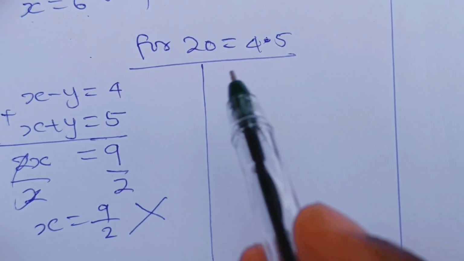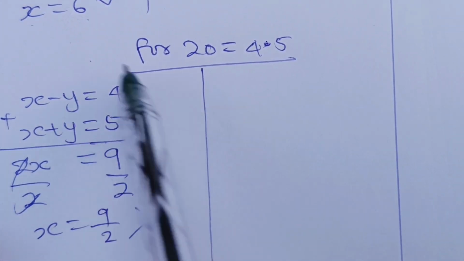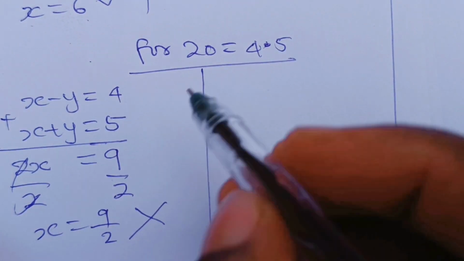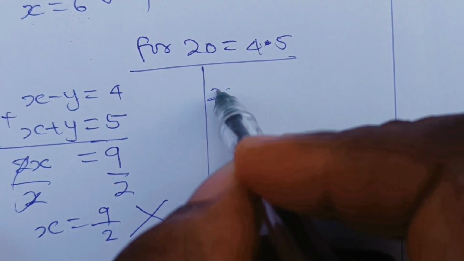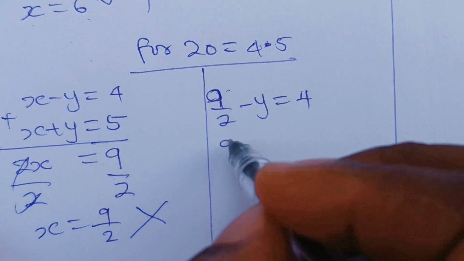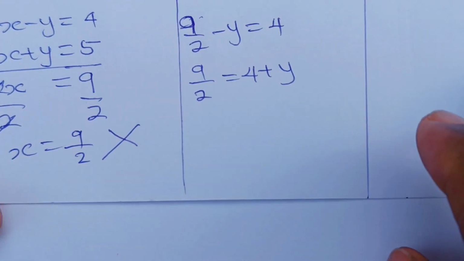Okay, now if our x is 9 over 2, let's substitute it into any of these equations to see if our y is going to be a natural number. So we have x, which is 9 over 2, minus y is equal to 4. So 9 over 2 is equal to 4 plus y. All right.